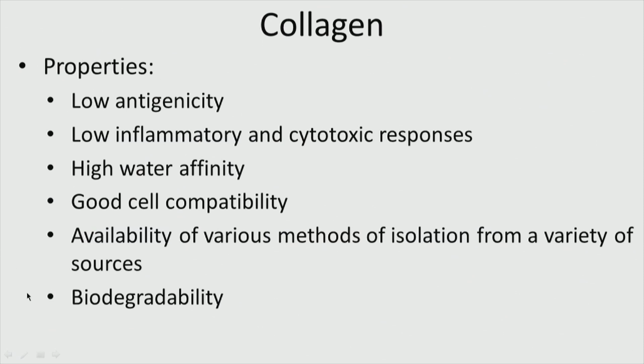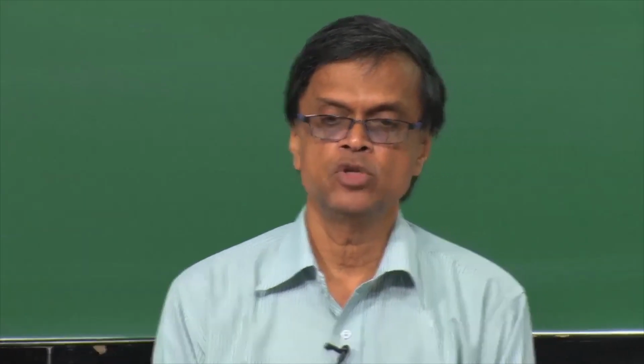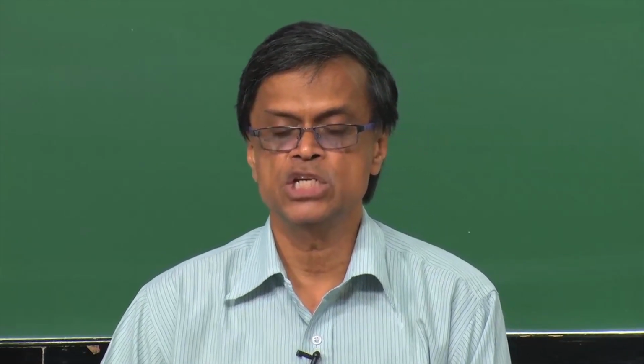So obviously, when we make a material with collagen, the human body will not consider it a foreign body. Hence there is a lot of research being done on collagen as a possible biomaterial in the tissue engineering area, in cartilage design, in filling, in the orthopedic area and so on actually.